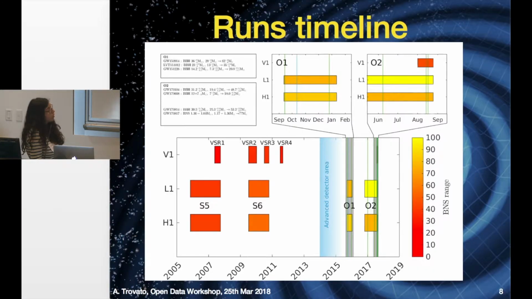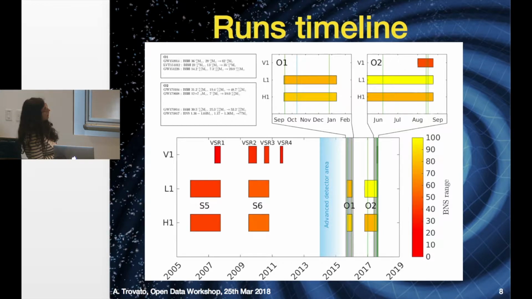This plot shows basically what I already told, but in a nicer view. You see the evolution in time and the three detectors. As I was saying, these are S5, S6, and O1, and then O2 that still has to be released.